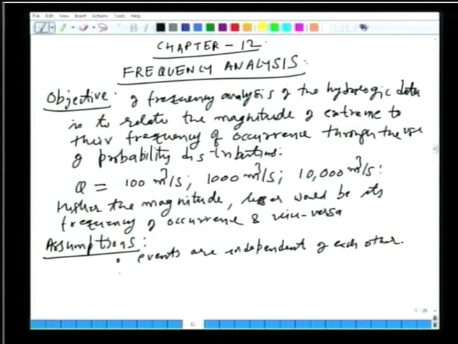The next one we say is that the events are identically distributed. Again, what do we mean by this? It means, let us say if you have 50 years of data or 50 data points, all of those observations follow the same distribution.